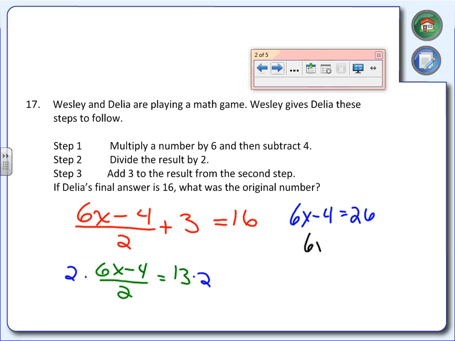Now I'm going to add 4 to that 26. 26 plus 4 is 30. Divide by 6. 30 divided by 6 is 5. So the solution here is 5. That was the original number. Now remember, I could have used the graphing method as well, or I could have also used the equation solver. Either one of those would give me the same answer, 5.